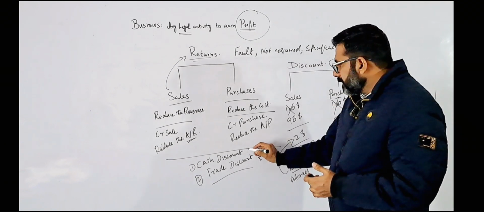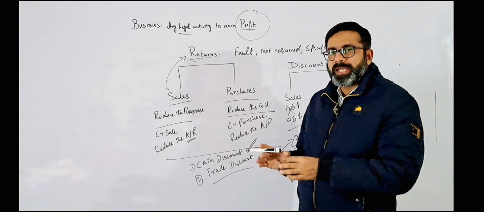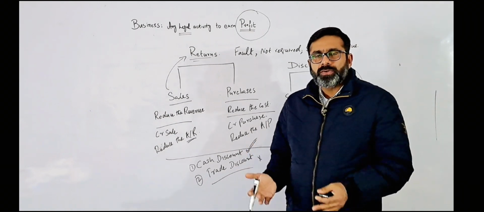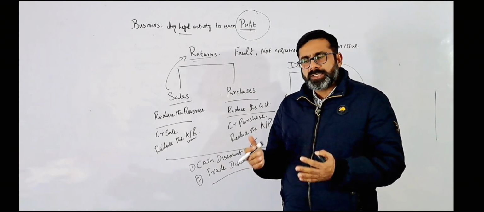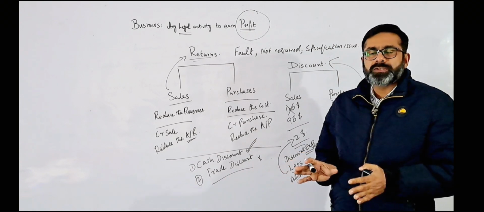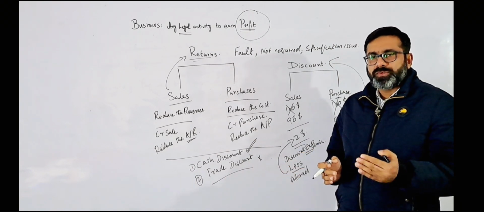So both these are considered under cash discount: cash discount to the customers or the cash discount from the suppliers. If it is the cash discount to the customer, it will be the expense or the loss, or simply the reduction in the amount that you have to receive.